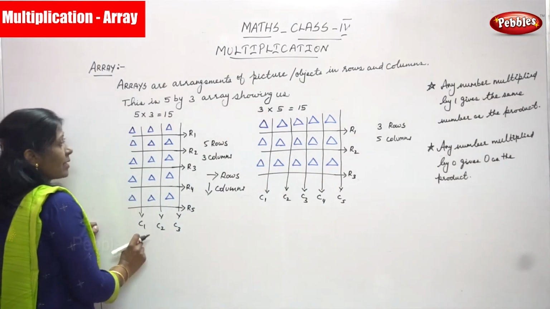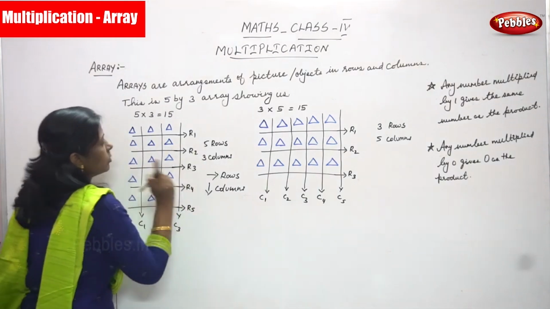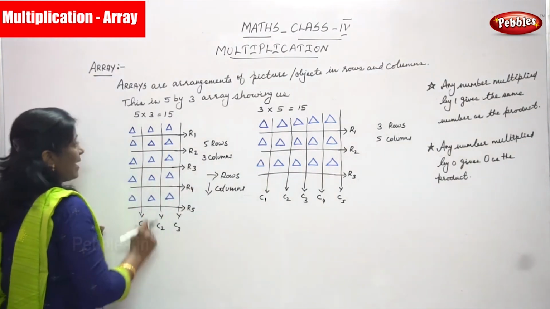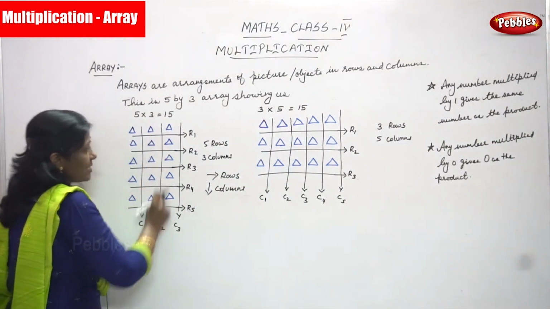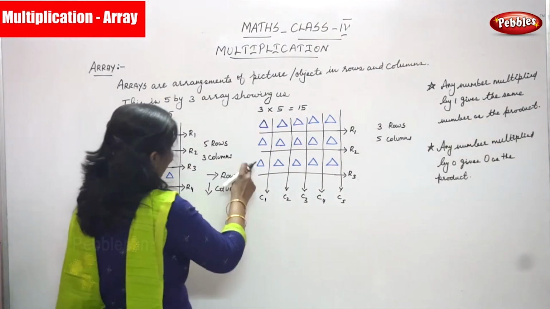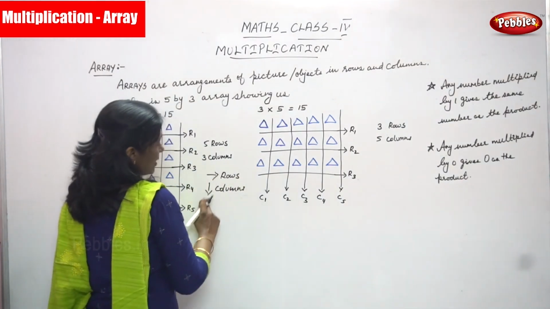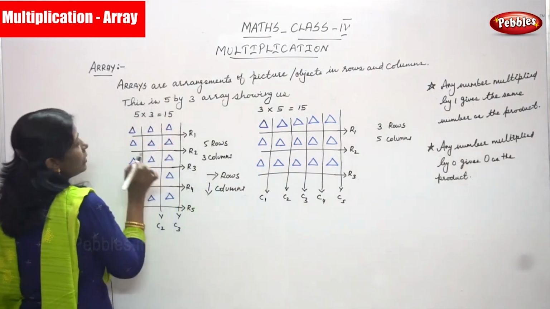I'll repeat once again: the first row has 3 objects, the second row 3, the third 3, the fourth 3, and the fifth 3. There are 5 objects in each column. So 5 rows and 3 columns. Horizontal lines are called rows and vertical lines are called columns. So 5 into 3 is equal to 15.